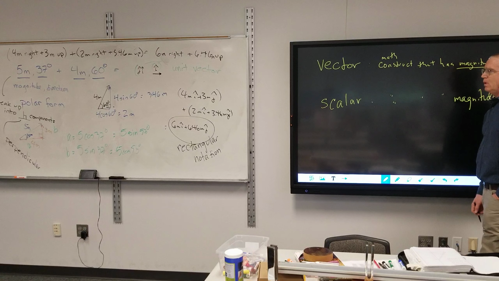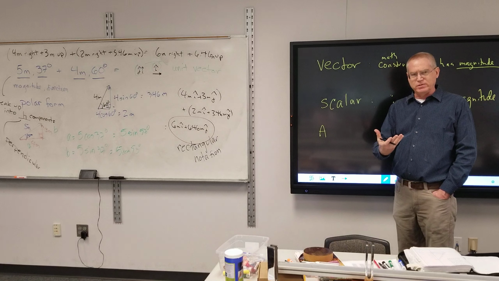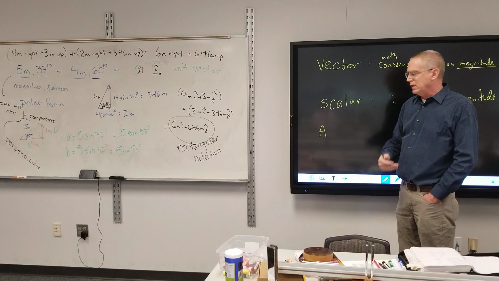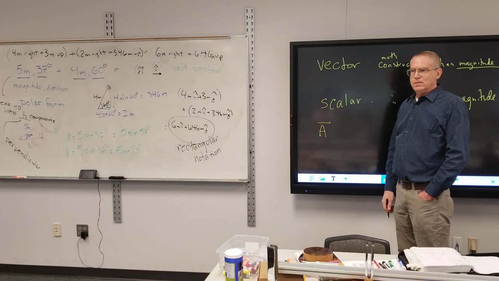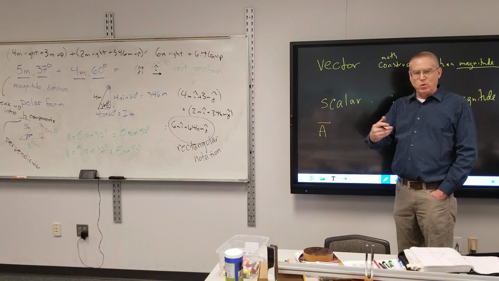So let me rewrite this problem differently. I'm going to define a vector A. If I want to make sure you know I'm talking about a vector, more than just writing down magnitude and direction, there's got to be a symbol to indicate it is a vector quantity. So I put a little arrow over top. The arrow does not indicate it's going in that direction; it's just indicating A is a vector. I could also write it on tests or quizzes, because the word processor makes it a lot easier.